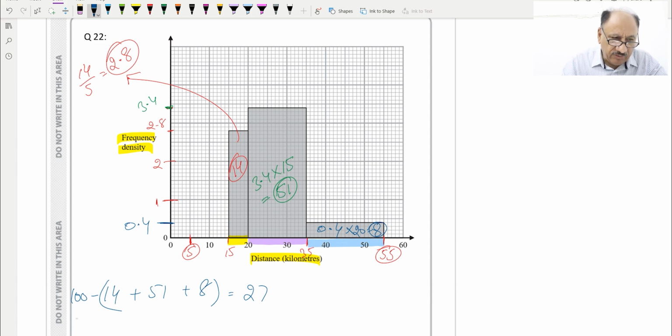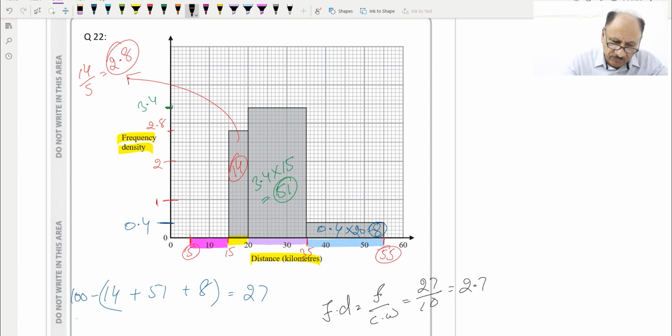So 27 we have to show in the first bar, and for that one the class width is 5 to 15, which we can take as 10. So 27 divided by 10, we can find the frequency density. Frequency density is equal to frequency divided by class width, and class width we have 10 and frequency we calculated 27, so it will be 2.7, the height of the bar.